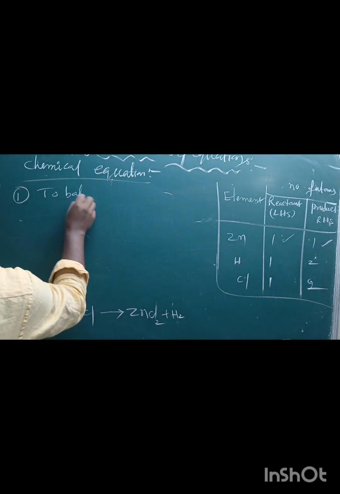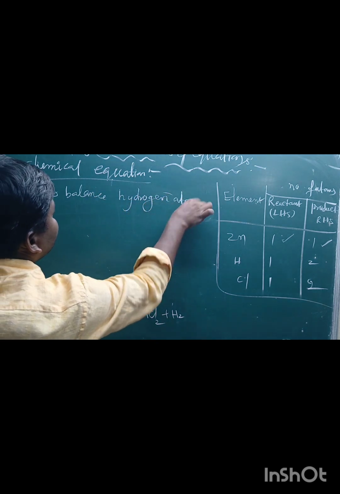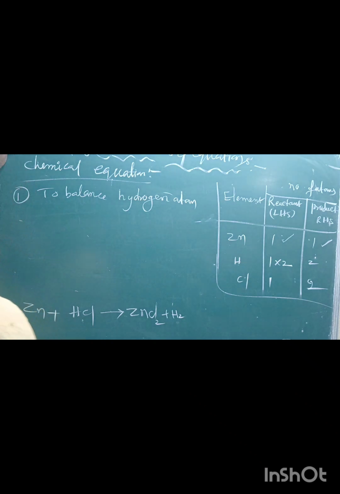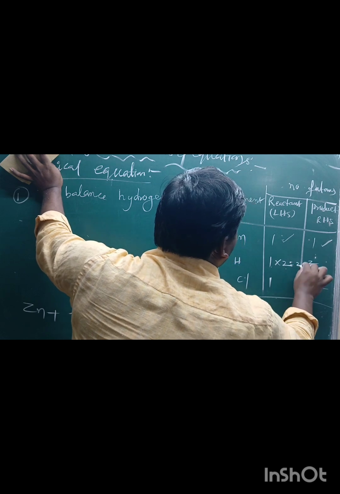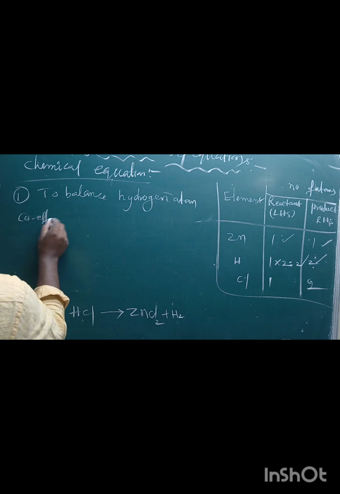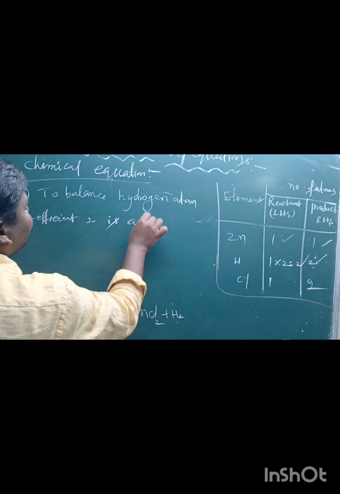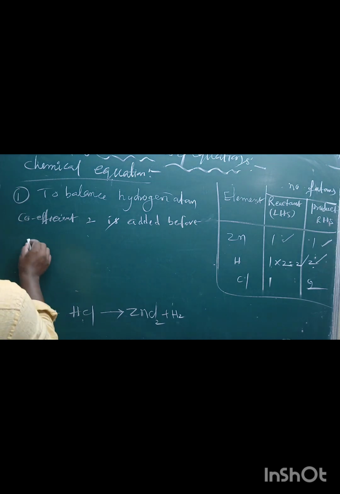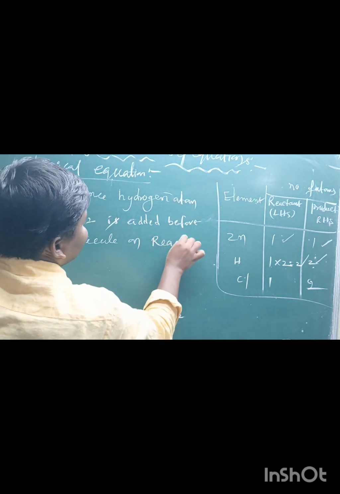To balance the hydrogen atom, coefficient 2 is added before the HCl molecule on the reactant side.